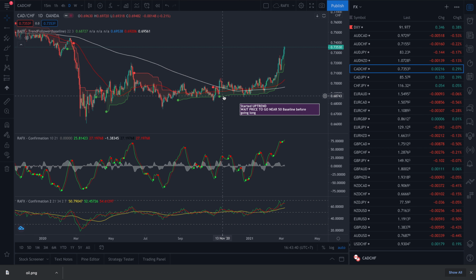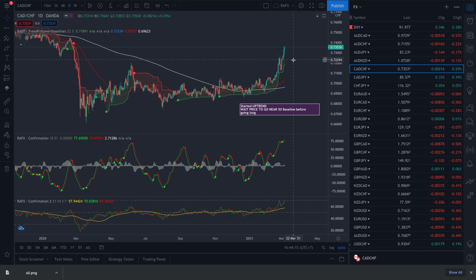Because the price just broke out of the 200 baseline here, and currently it continues its uptrend, but I don't like to get into this immediately, because the price shoots up in a very out of the market structure.